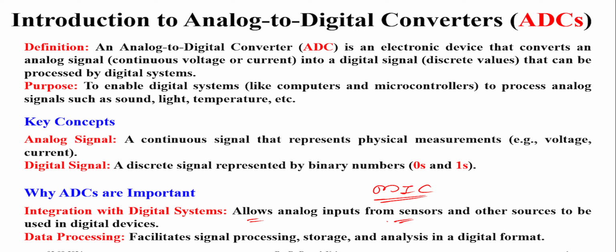So the microphone was providing the input signal and therefore the microphone was acting as a sensor. Similarly, we can have different sensors like a temperature sensor, light sensor, and so on. So the input analog signals from these sensors and other sources are then converted into digital signals and stored inside the digital devices.